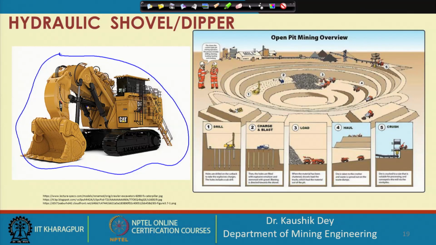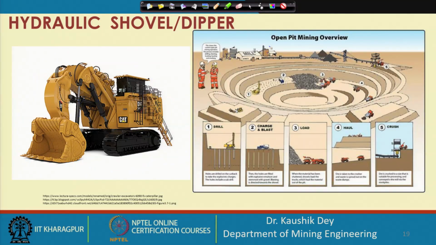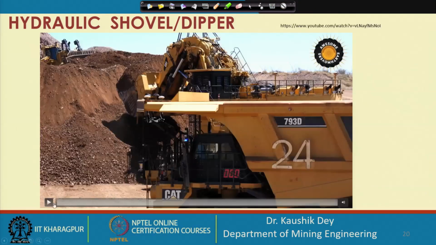You can see this is the boom cylinder, this is the stick cylinder, and this is the bucket cylinder, which are used in this, and this is a schematic diagram of the caterpillar, and you can see one operation of this Hardlick dipper shovel here.